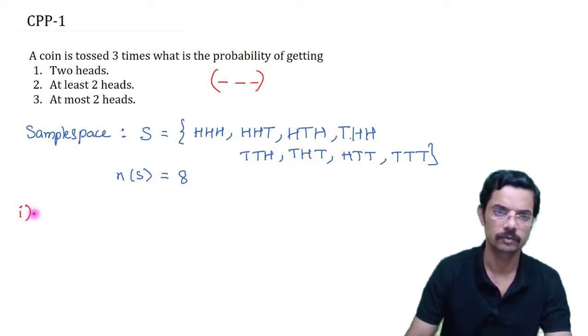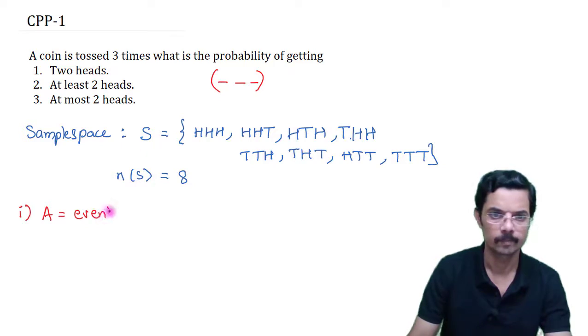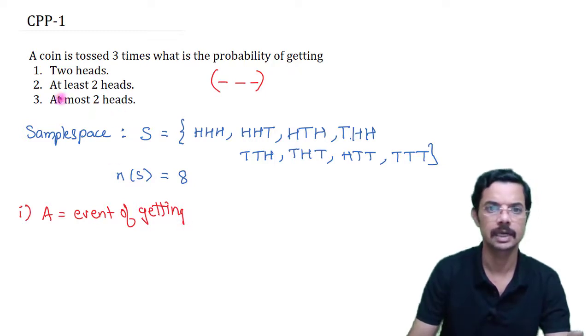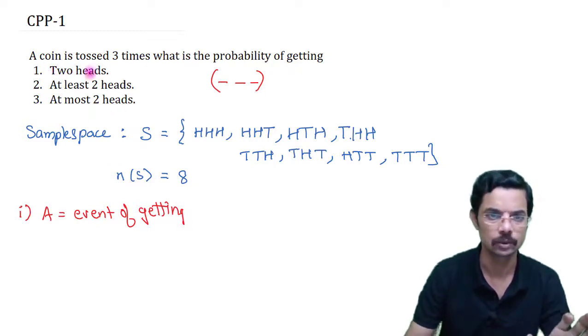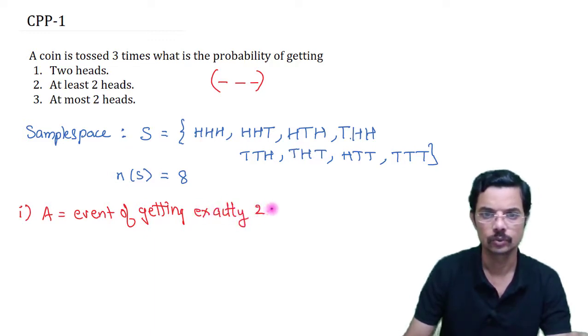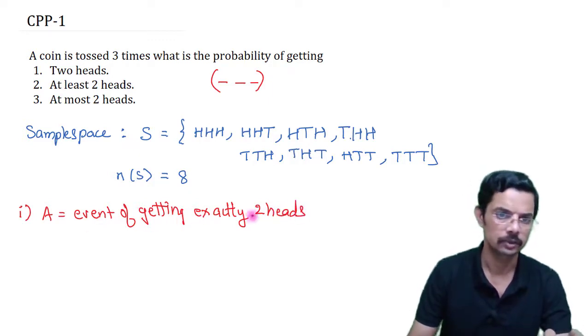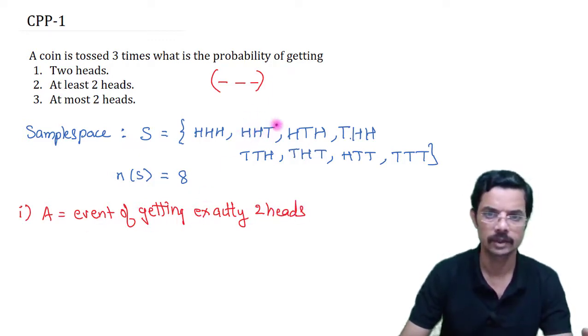For the first question, let A be the event of getting 2 heads, meaning exactly 2 heads. So which of these outcomes have exactly 2 heads?